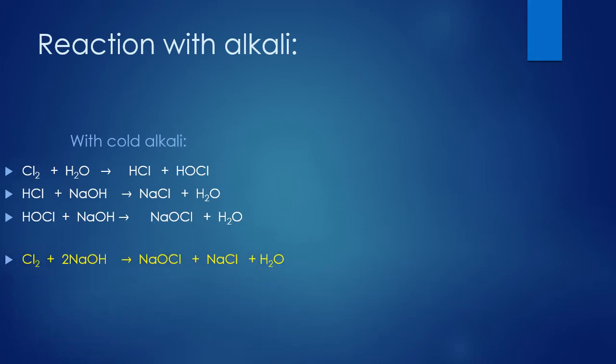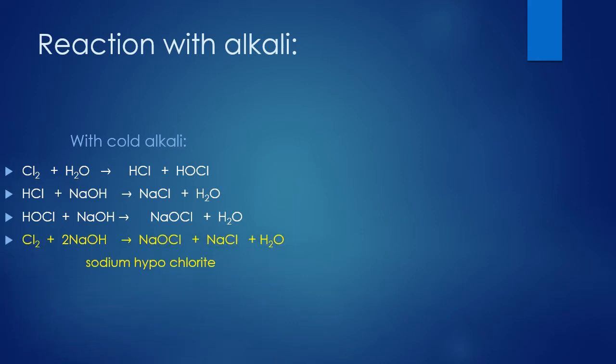So let's see how these reactions occur. I have taken first the cold alkali. When chlorine reacts with the cold alkali, first the chlorine is dissolved in water, so you are getting aqueous chlorine, which gives hydrochloric acid and OHCl. Then first step, this HCl reacts with NaOH, gives NaCl, that's one product.